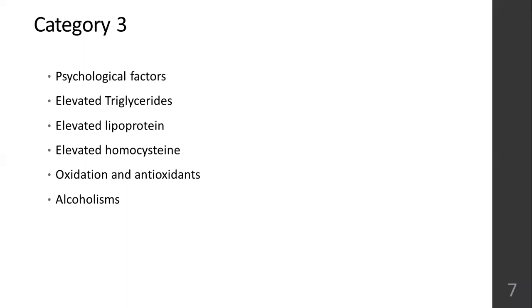Then oxidation and antioxidants. Free radicals are produced as a part of oxidation. Oxidation means your cells are taking up oxygen, giving out carbon dioxide and some free radicals as a process.